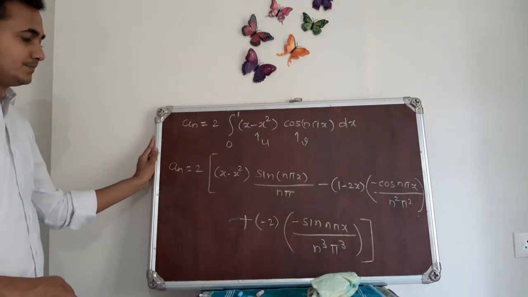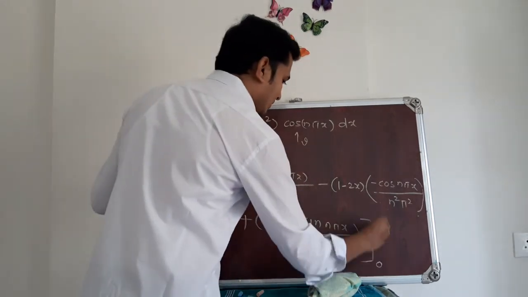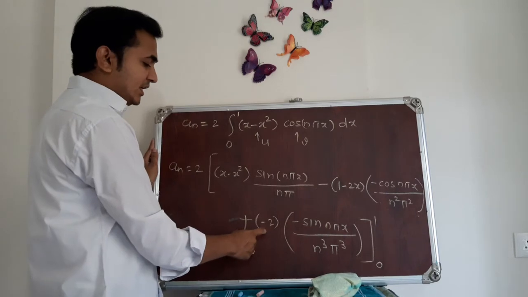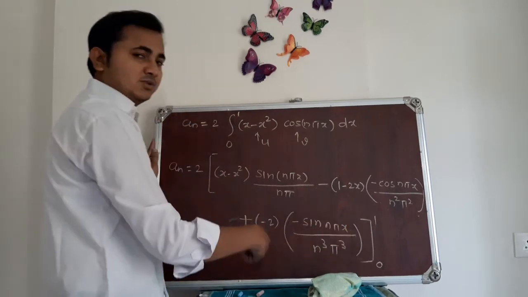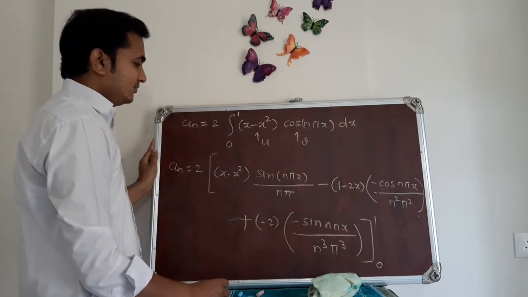Alright, with limits 0 to 1. Okay, see, next term is derivative of minus 2, which is 0, so no need to write next term.